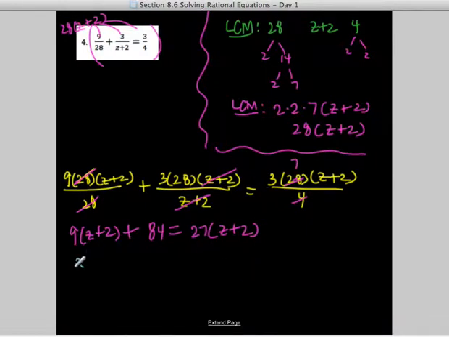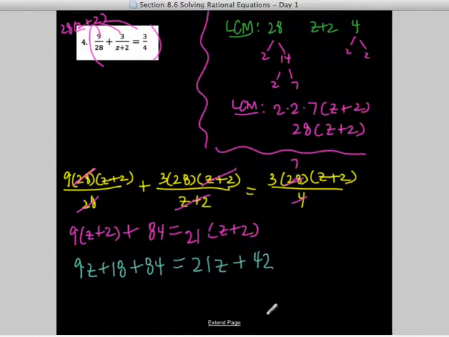So I would distribute, so I would have 9z plus 18 plus 84 is equal to 27z plus... I wrote 27, but 3 times 7 is 21, so let's fix that. My bad. This is 21. Okay, so then when I distribute, I'll have 21z plus 42.